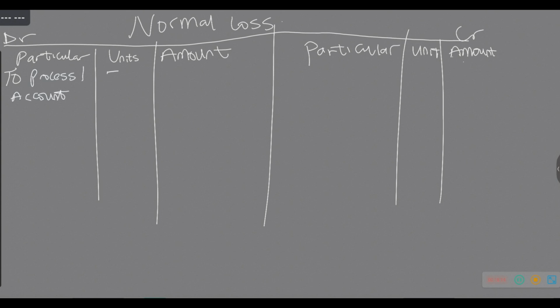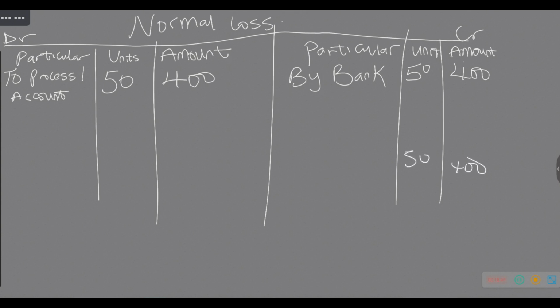Then to balance the account, this normal loss goes out by bank or by cash, or even balance carried down, just to balance the account. And that is all for this question.